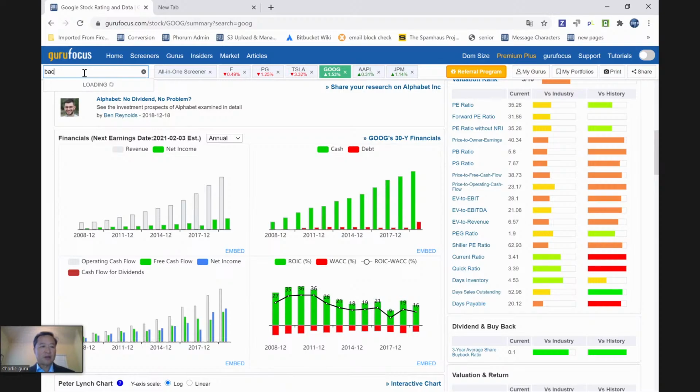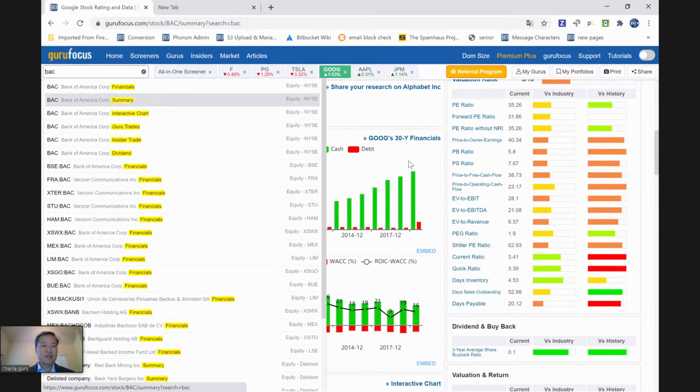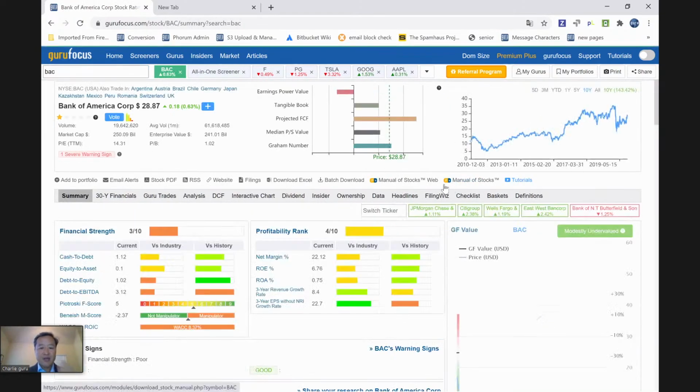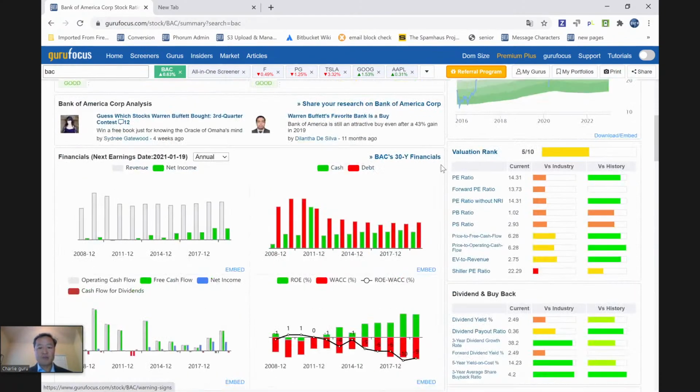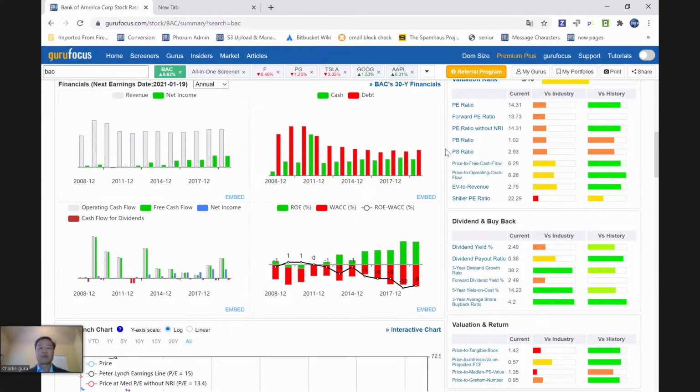And for banks, it's slightly different, because banks' returns are not measured that way. Returns are mostly measured with return on equity. And you can see this is Bank of America, and return on equity. It shows the return on equity relative to the cost of that capital.